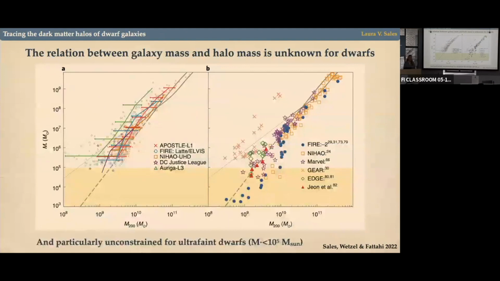So this figure is a compilation from that review paper that shows the state of the art, by 2022, on this problem. And what you see, if you just look at the panel on the left, is the halo mass versus the predicted stellar mass for dwarf galaxies that form in cosmological simulations by a variety of teams.